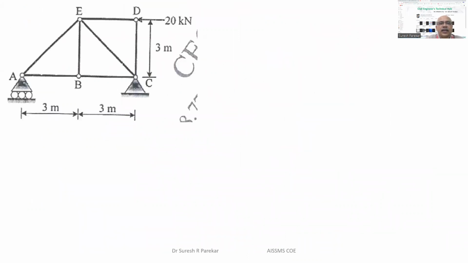So we have given this. Now what are the steps? In analysis of truss, we have to follow first zero force members.